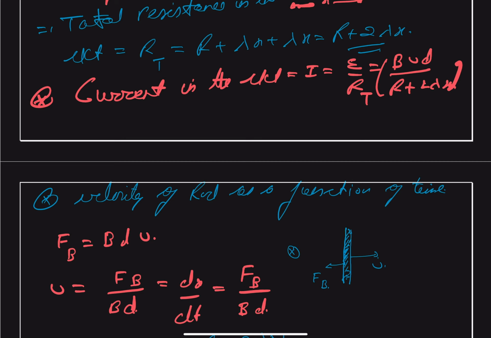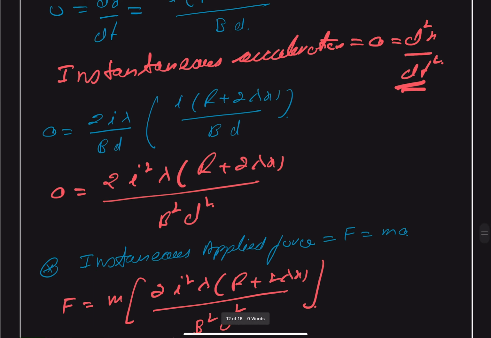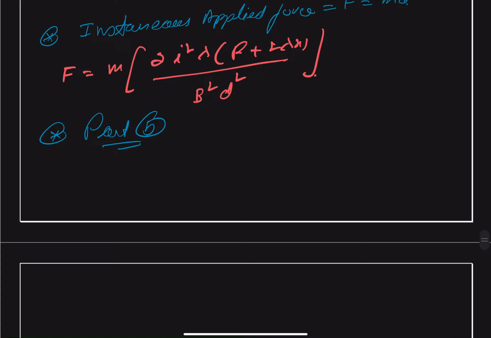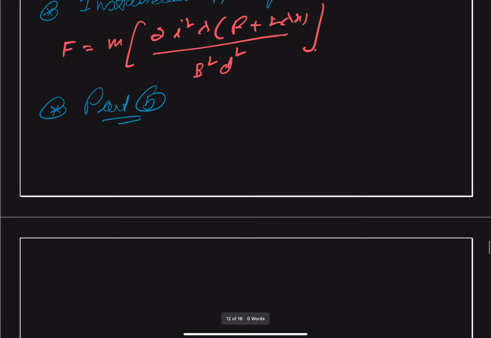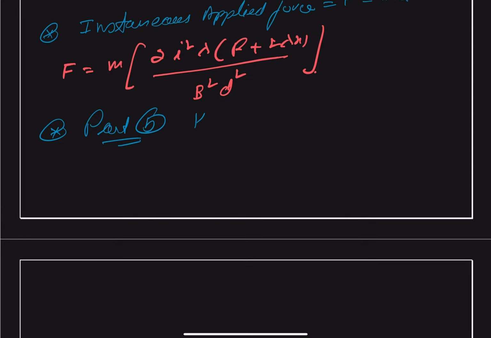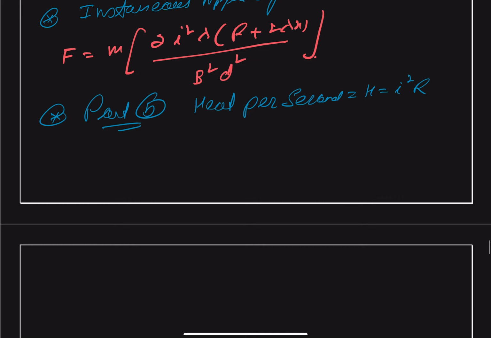Heat is required per second, so we are going to get it as I squared R. So we can write heat produced per second, H, will be I squared R. And here the time is 1 second, so there is no need to write t, and this R is our R total, which we just found out.